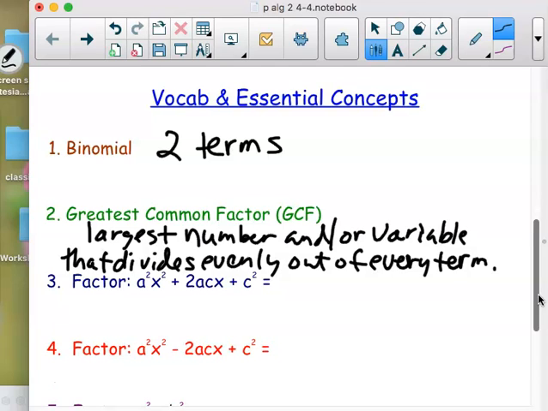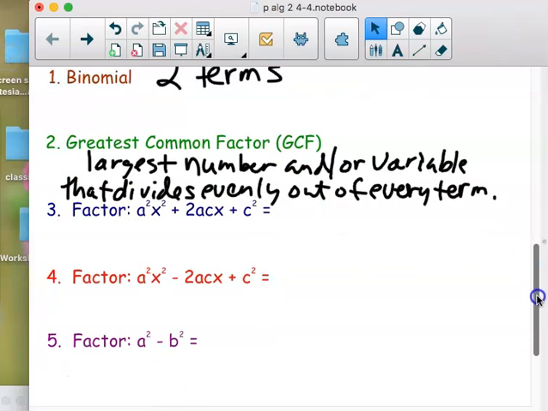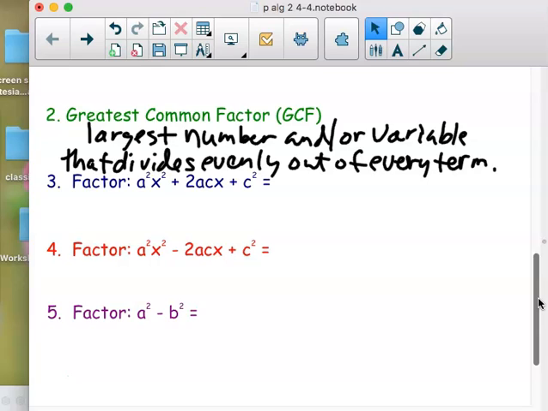So thinking about that, we see number 3 looks pretty involved. And as I said, the first thing we do whenever we're factoring is we try to take out a greatest common factor. So I'm looking at this and thinking, well, maybe I can take an A. This has an A. In fact, it has 2 of them. This has an A. Oh, I can't take an A out of that one.